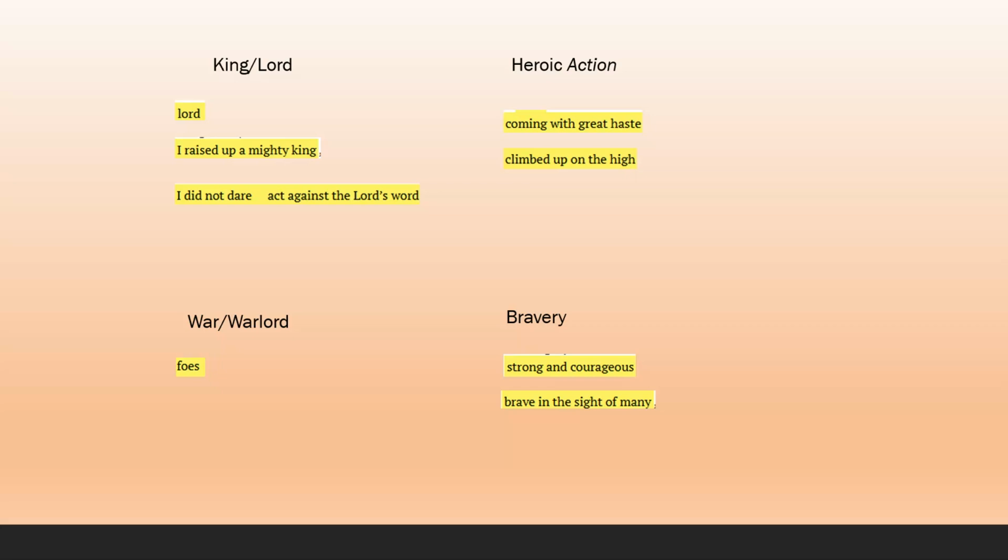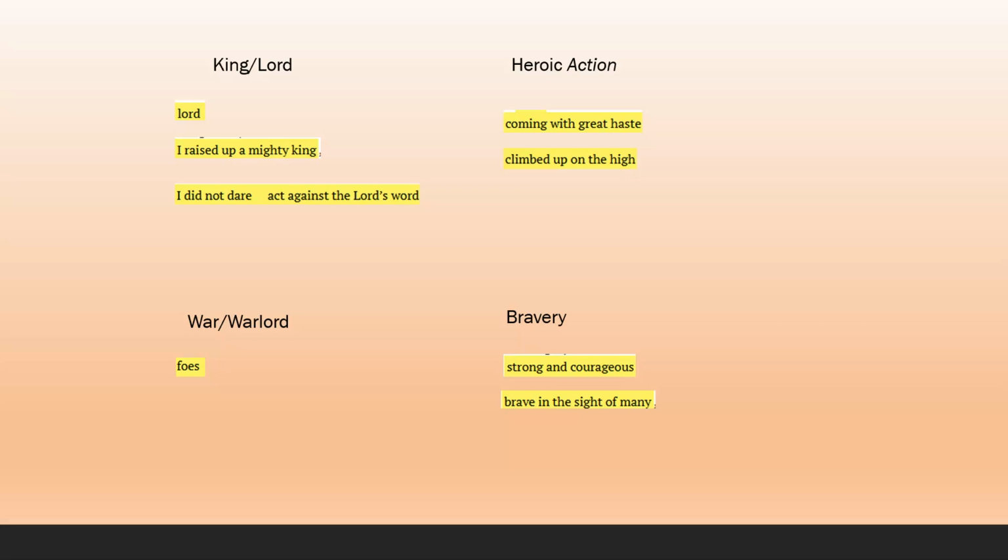Now, you'd have to know Old English in order to be able to make that determination, and none of you do. I do, but it's been a very long time since I studied it. So, although I translated the Dream of the Rood, I don't remember all of those words, obviously.